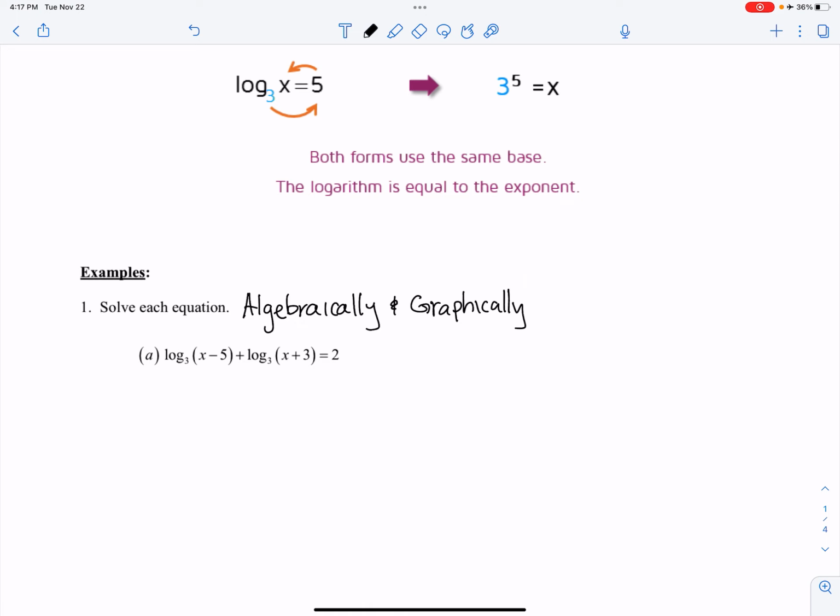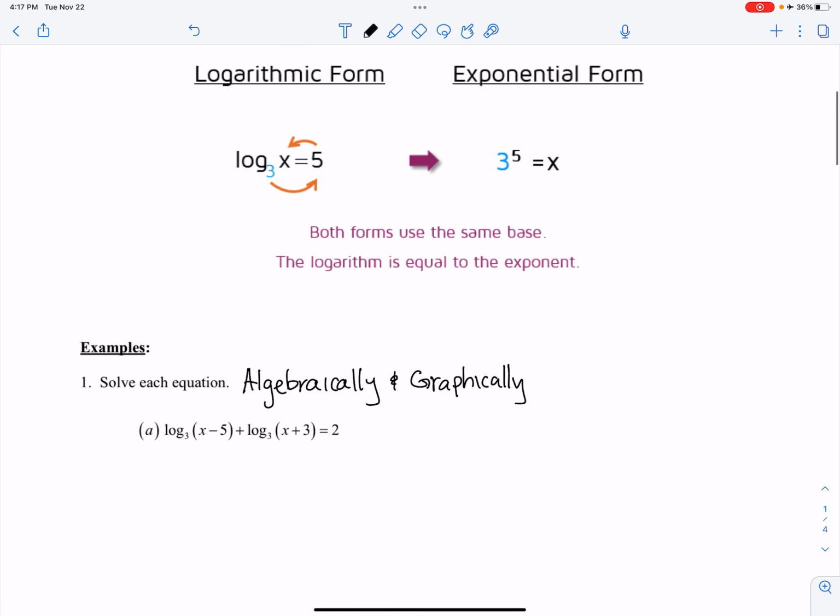So our first example is solving these equations, and what we want to focus on is solving them algebraically and graphically. So first let's go through algebraically. What would we do to solve this? We have log base 3 of x minus 5 plus log base 3 of x plus 3 equals 2.